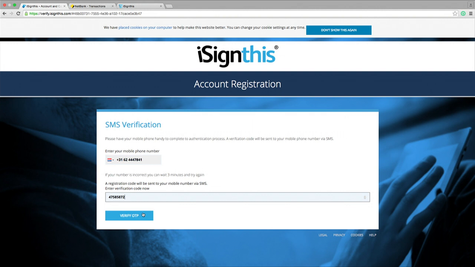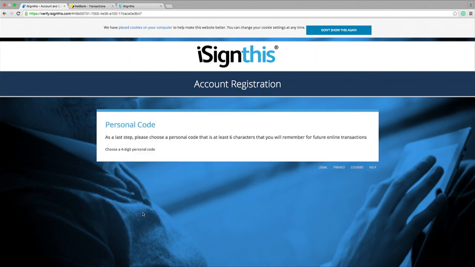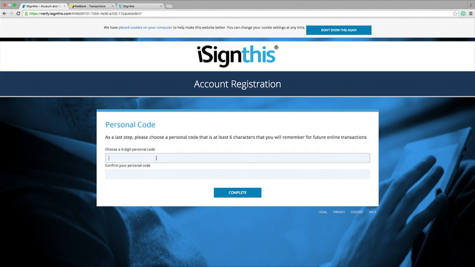Now, this confirms that Mark is holding or owns the mobile phone, which in some jurisdictions is also an AML-regulated device. Moving on to the next step, we now ask Mark to choose a personal code, which is 4 characters or more. And the reason we do this is to start to establish two independent factors.